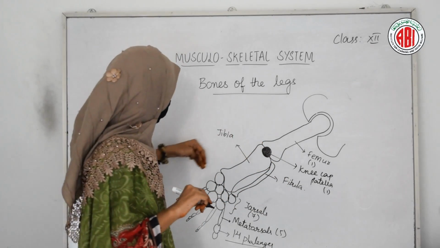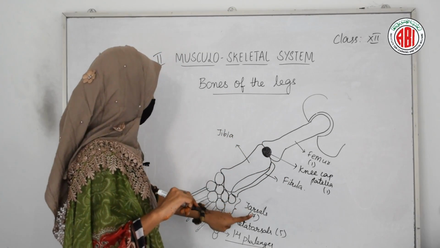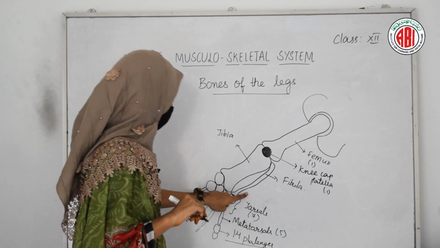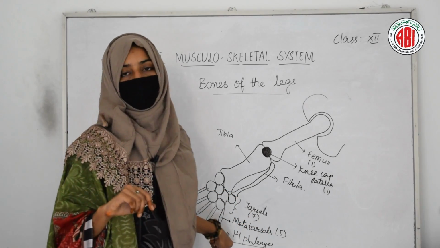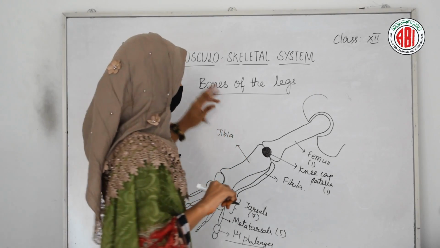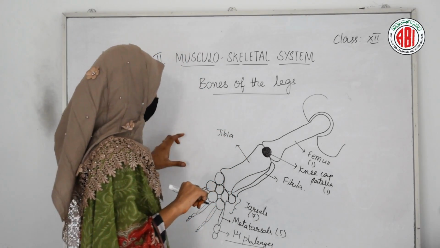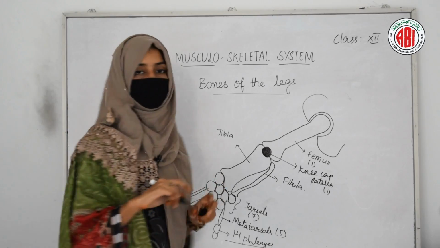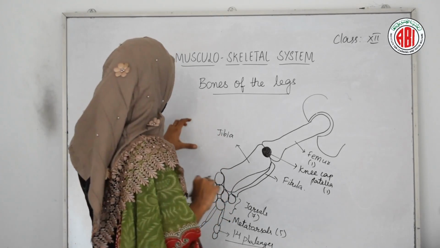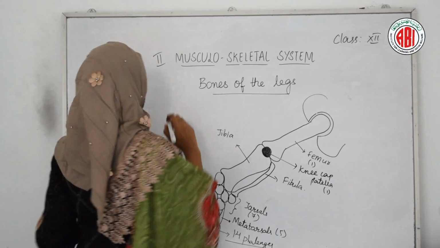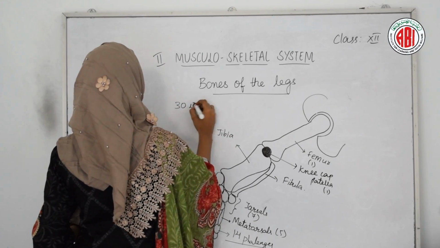When you move further, below you can find the presence of 7 tarsals, 5 metatarsals and 14 phalanges. These are the different bones that are found in our lower limb. When you add up all these bones, they are also 30 in number.